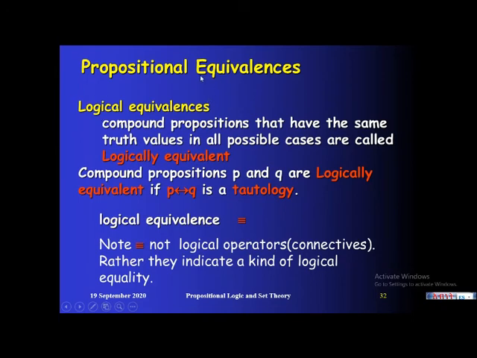And the next one is propositional equivalence. Compound propositions that have the same truth value in all possible cases are called logically equivalent. It means that after constructing a truth table, if the last column of the first compound statement and the last column of the second compound statement match by truth value, then we call the two compound statements logically equivalent. It is denoted like this.